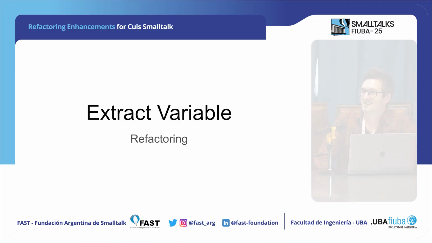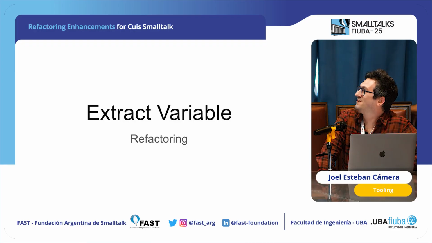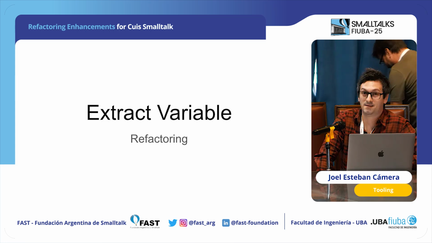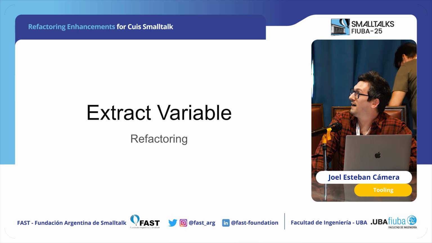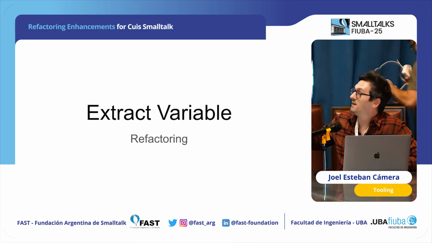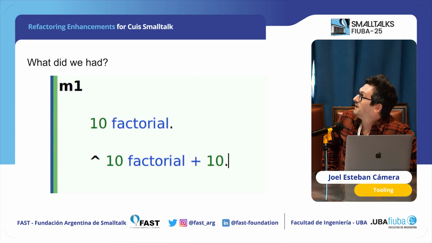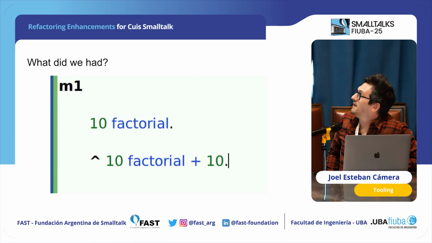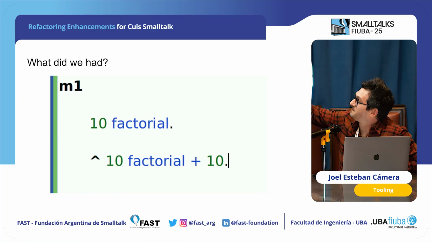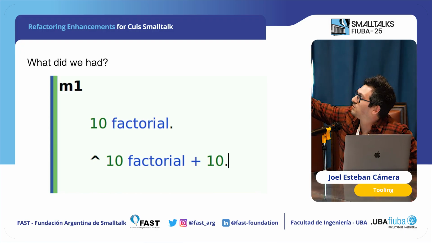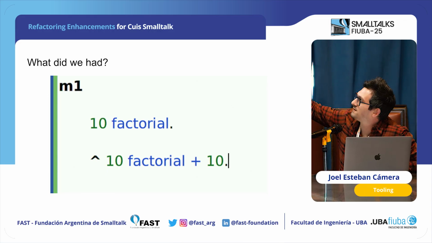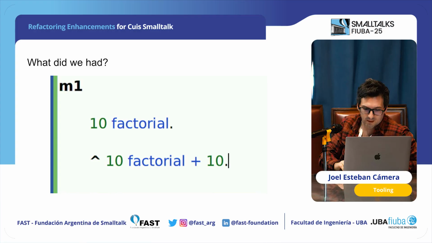Well, I'm going to talk about two refactorings that exist now in Cuis, but I made some improvements. Here we have an extract variable. Think about this code, and I want to extract 10 factorial, the one that is returning here.